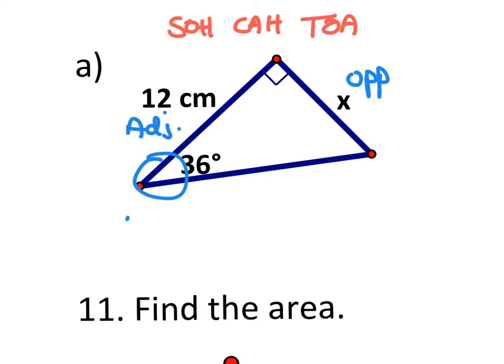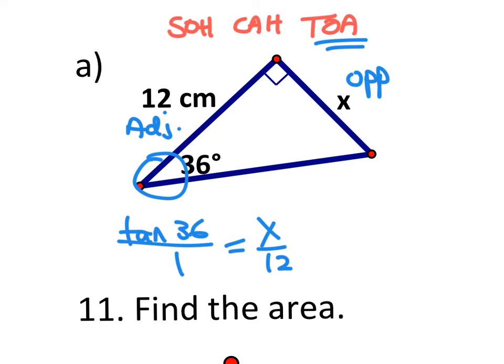So that tells us we're using tangent of 36 is opposite over adjacent. So that's x over 12. When we cross multiply that, we'll get x is 12 tangent 36. On the calculator, that is 8.7.